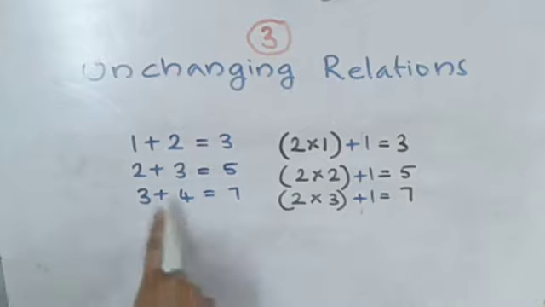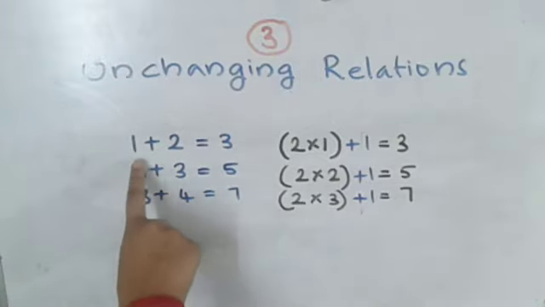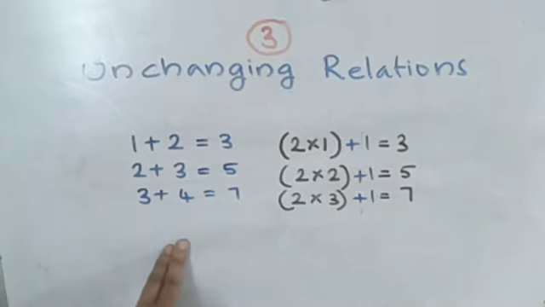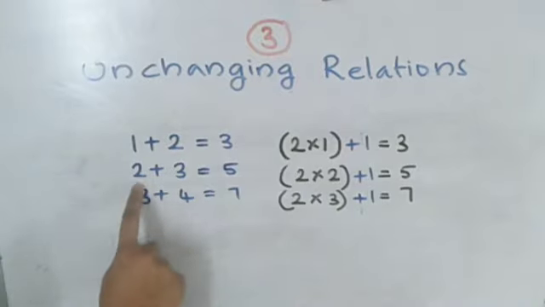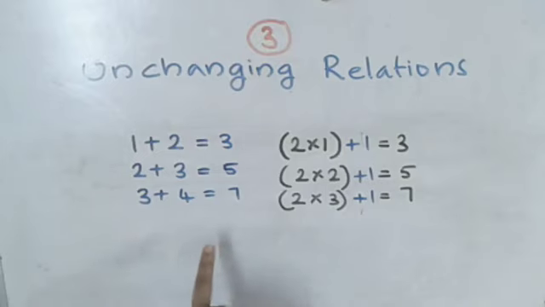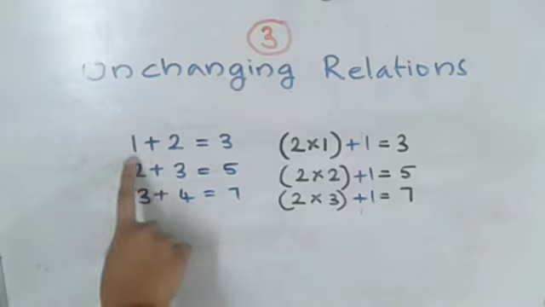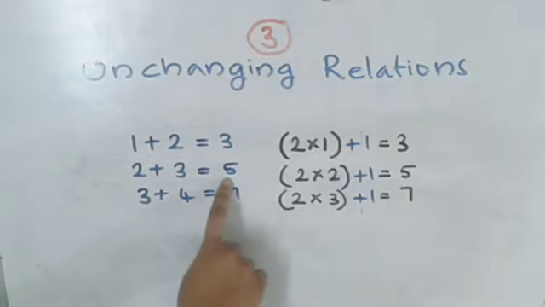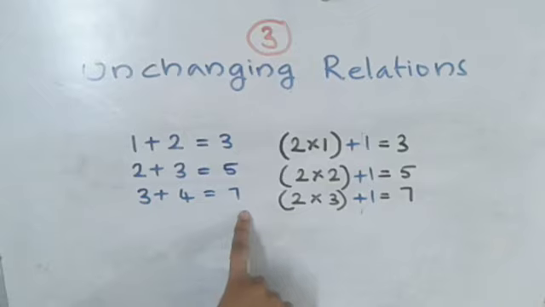That means the nearest numbers. 1 and 2 are nearest numbers. 1, 2, 2, 3, 3, 4, those are nearest numbers. That is known as consecutive natural numbers. The natural numbers are 1, 2, 3, 4, 5, 6. Right? Then here you can see 1 plus 2, 3; 2 plus 3, 5; 3 plus 4, 7.